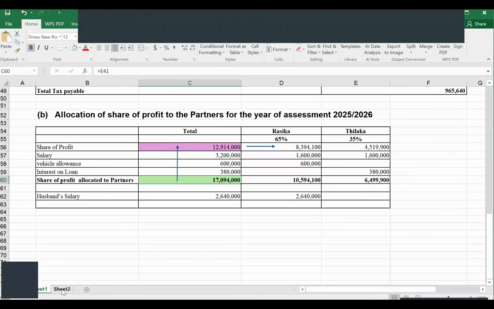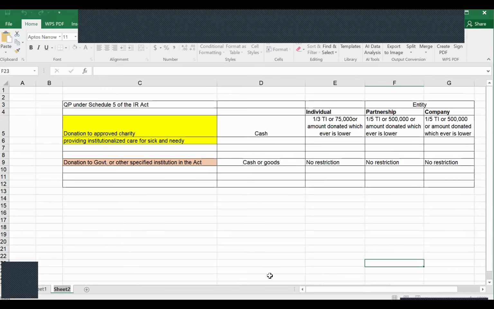In addition to that, I have included one more important table for your reference. This is the qualifying payment part. As I have explained, we have to consider some donations based on the specifications given under Schedule 5.